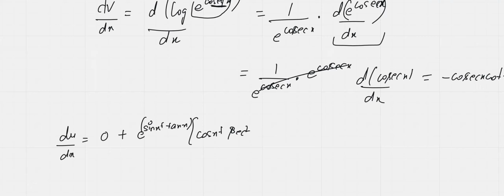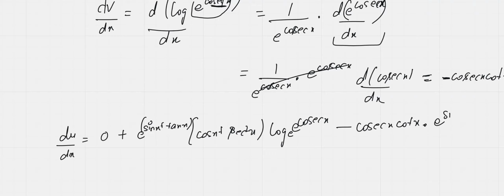Along with it I keep v, which is log of e to the power cosec x. Then the differentiation of only this small part: minus cosec x cot x. This is negative, so the sign convention changes the positive to negative. And the value of u is e to the power sin x plus tan x.